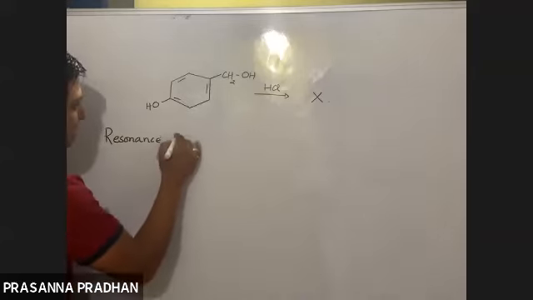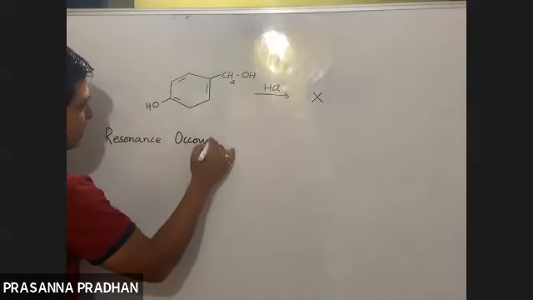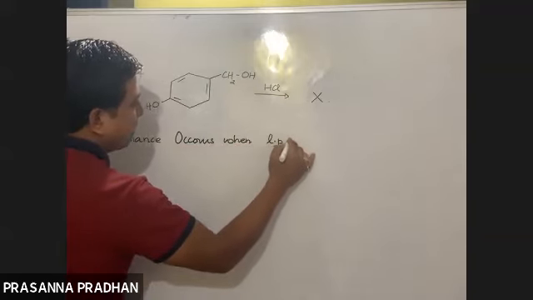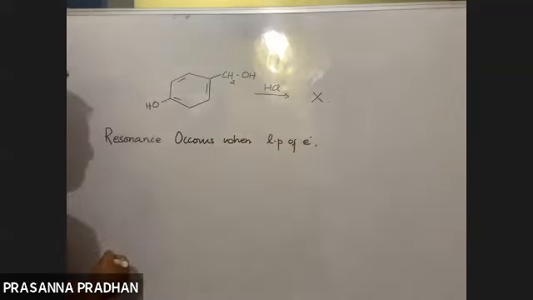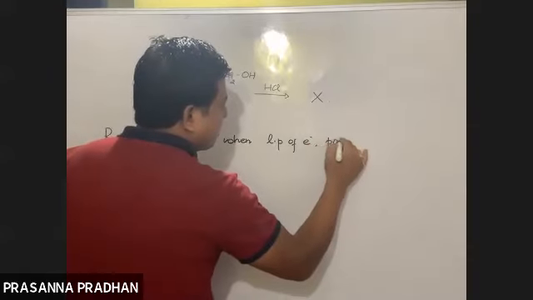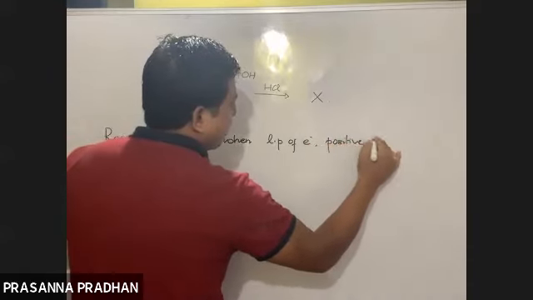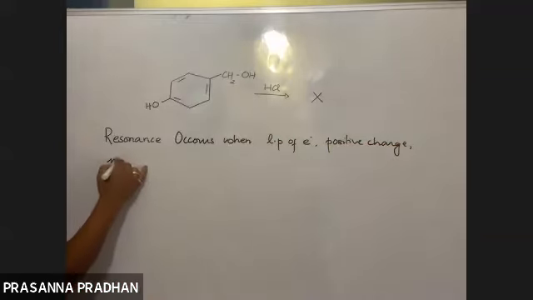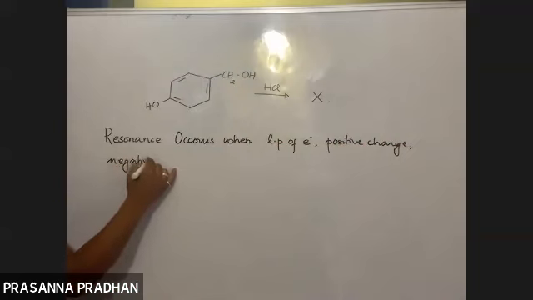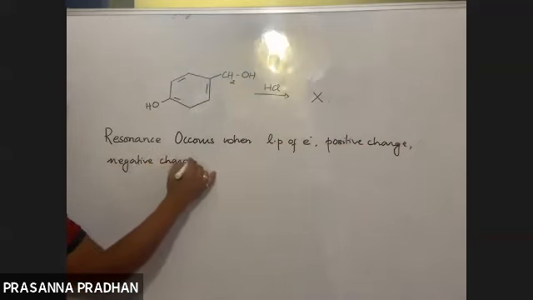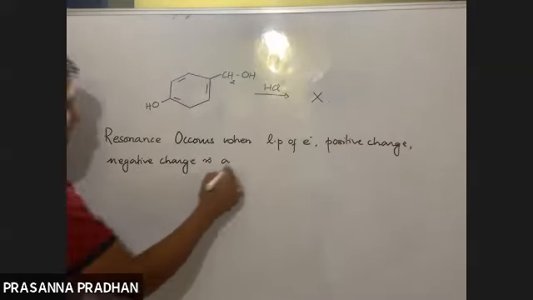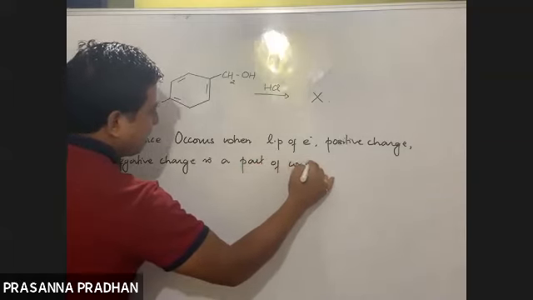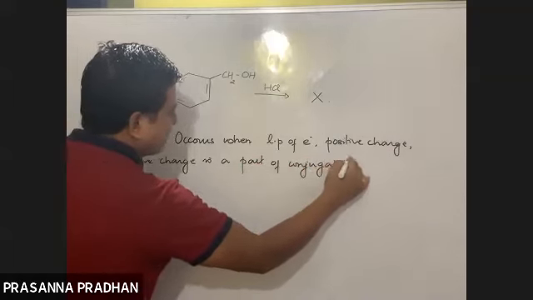Resonance occurs when the lone pair of electrons, or the positive charge, or the negative charge, is a part of a conjugated system.